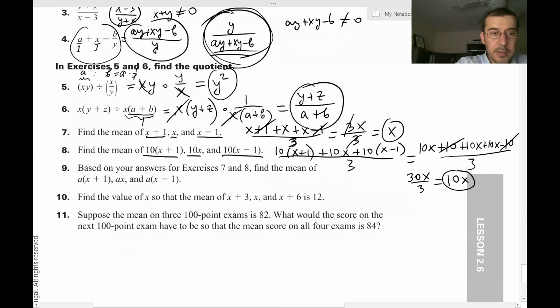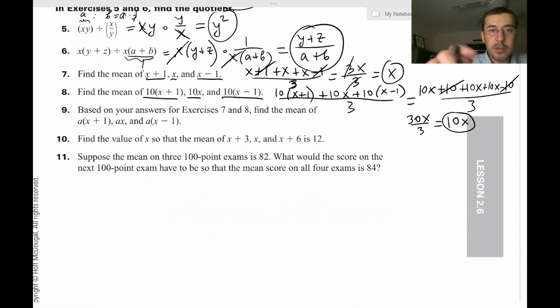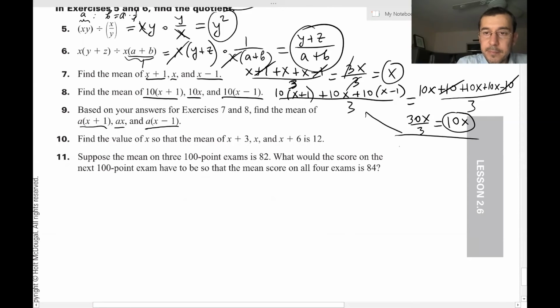So number 9 says, based on your answers for exercises 7 and 8, find the mean of these 3 numbers here. So we're going to have a times x plus 1, plus ax, plus a times x minus 1. We have 3 numbers to divide by 3.